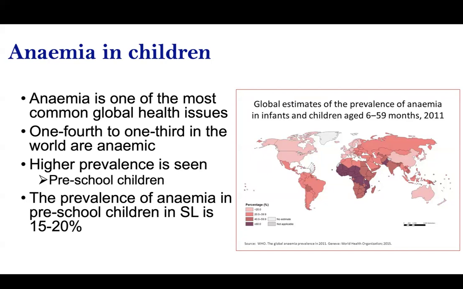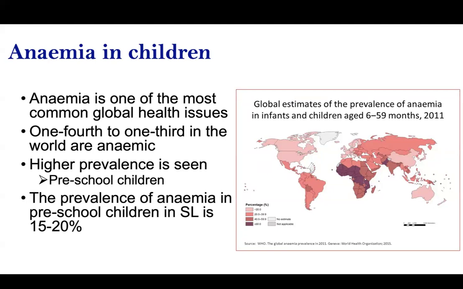Specifically, the map shows the prevalence of anemia for children aged between 6 months to 5 years, and you can see again, sub-Saharan Africa and South Asia are the highly prevalent areas. The highest prevalence among children is found in the preschool age group, 6 months to 5 years.